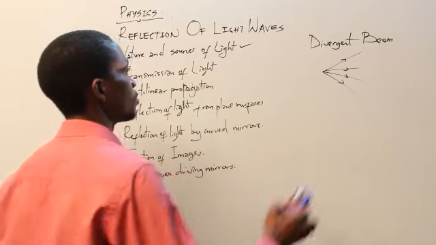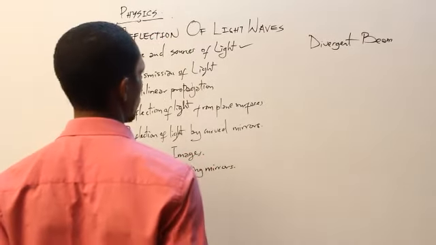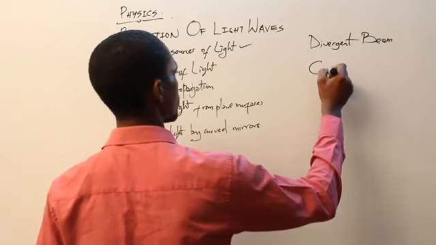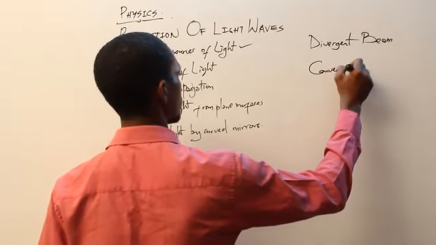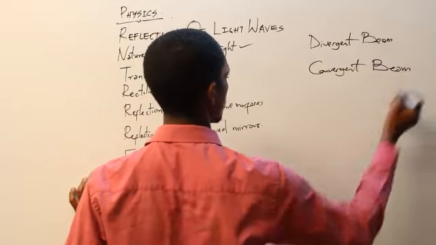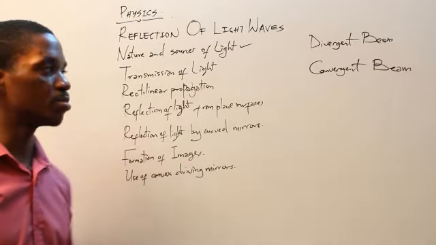Also, we have what is known as the convergent beam. The convergent beam is the exact opposite of the divergent beam.